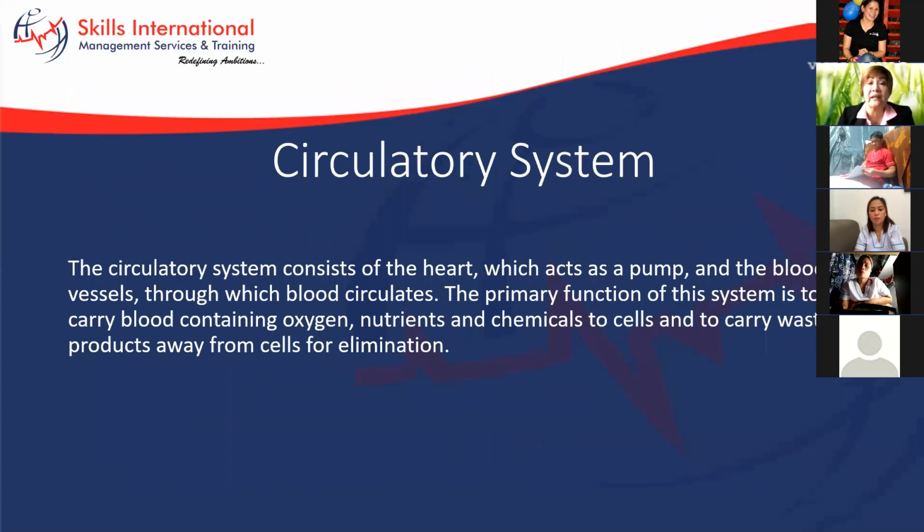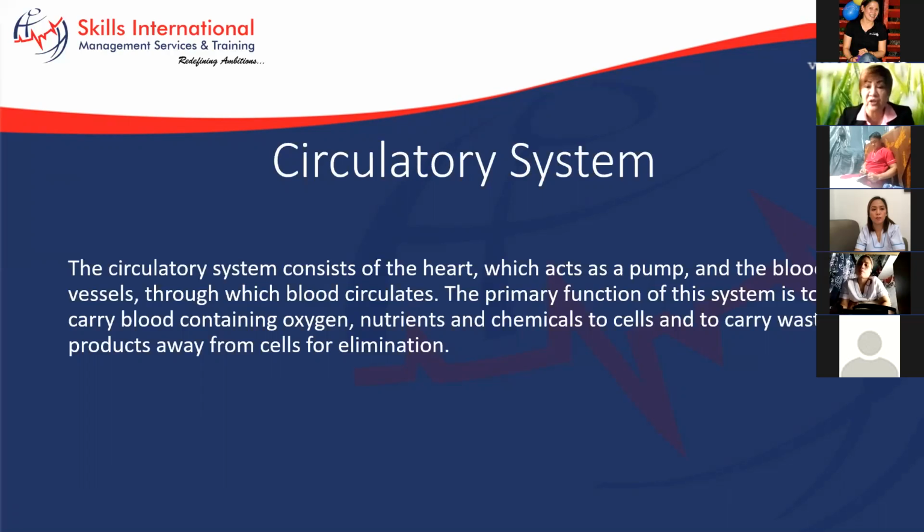Going to circulatory system. Ang circulatory system natin consists of the heart, which acts as a pump, and the blood vessels through which the blood circulates. So yung circulatory number 1 niya, heart, ang blood circulate sa buong katawan.